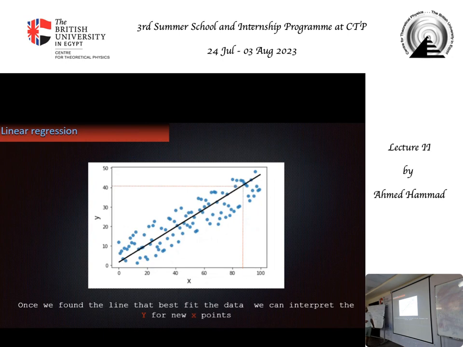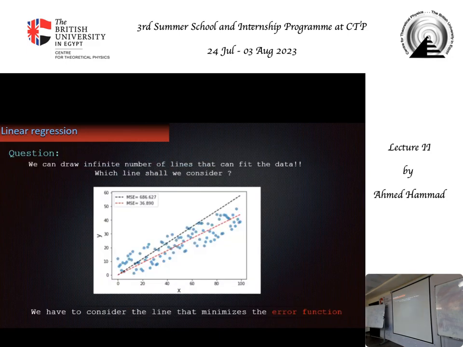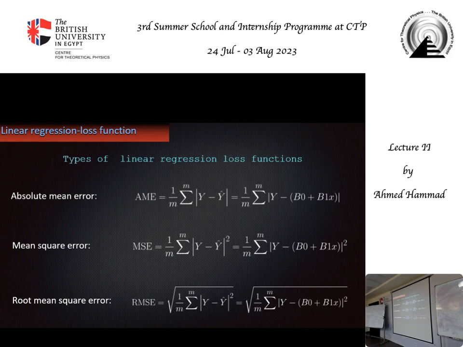If I give you a completely new point that you don't know about, then this is the prediction of the model. And all the time, you try to minimize the error between both of them. Of course, y hat is nothing but the equation of the line.